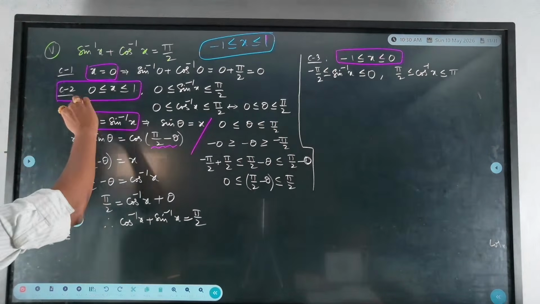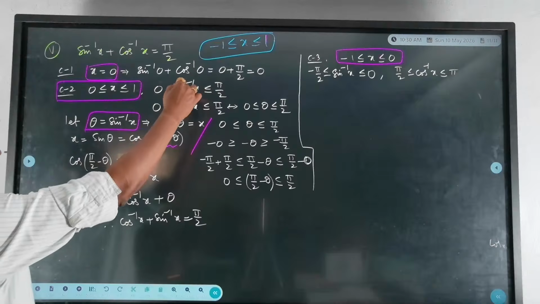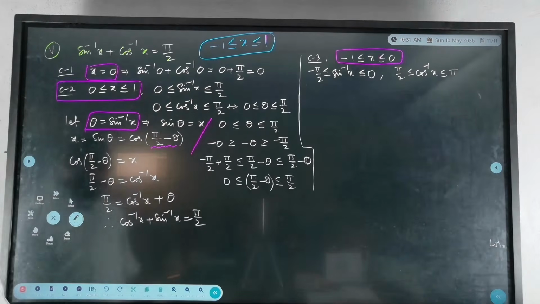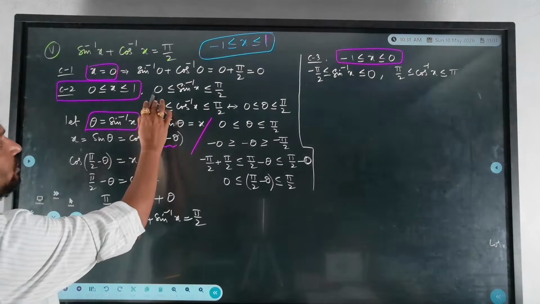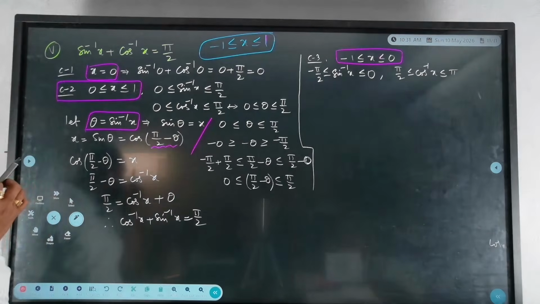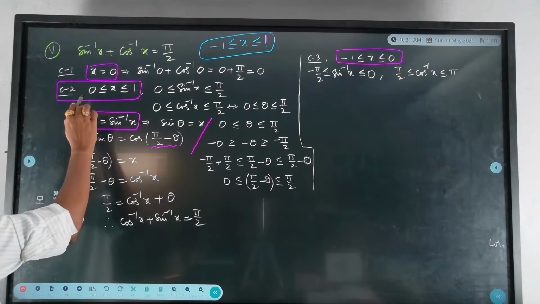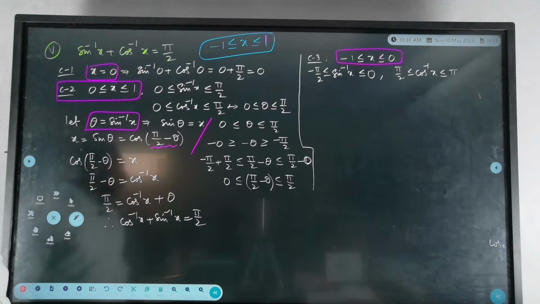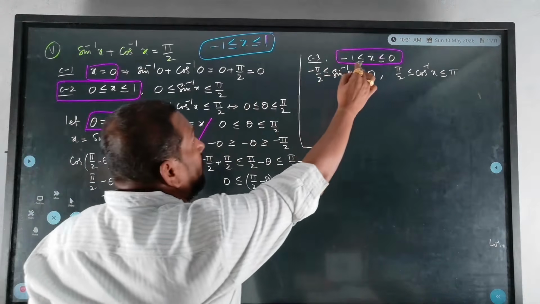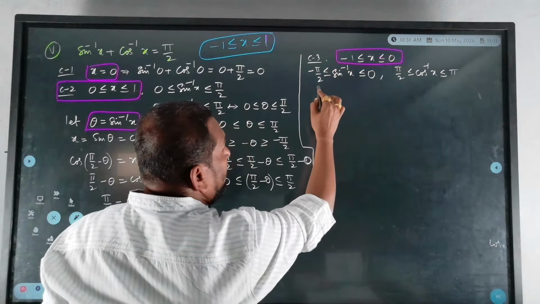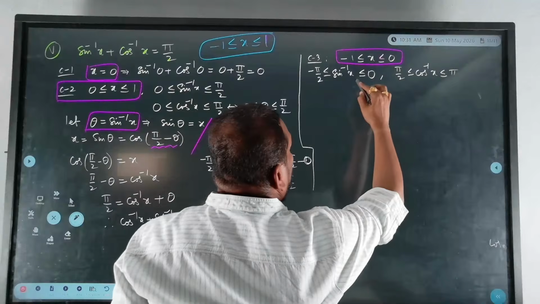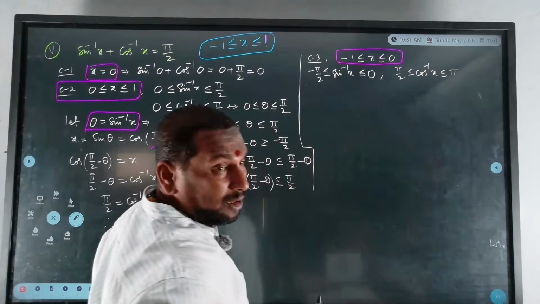In 0 to 1, both sin inverse and cos inverse are in the same interval, the range is the same, 0 to pi by 2. Whereas in -1 to 0, sin is in the interval minus pi by 2 to 0, and cos is in pi by 2 to pi.